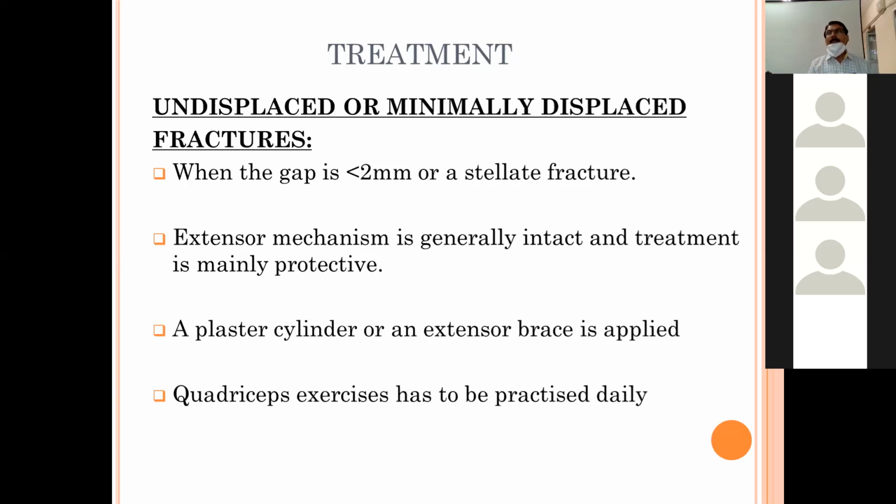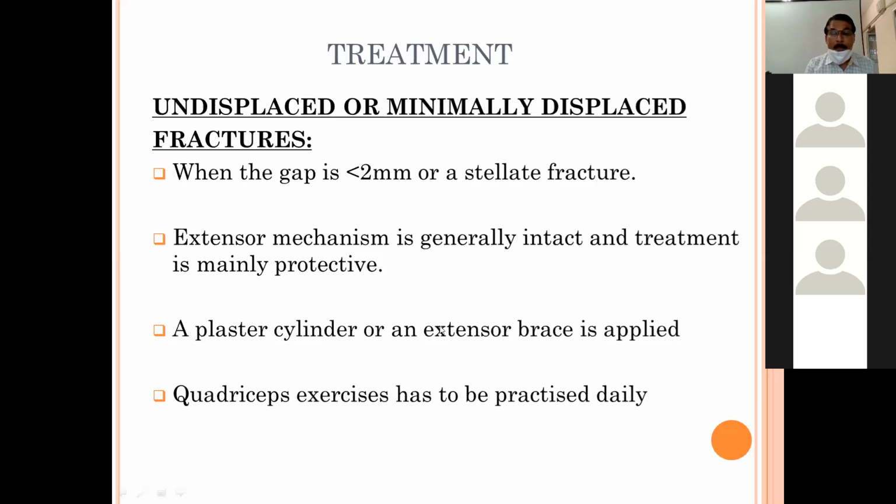That means the gap is not much, the gap is less, and these are candidates for conservative treatment with application of plaster or cylinder cast. So the extensor mechanism is generally intact.